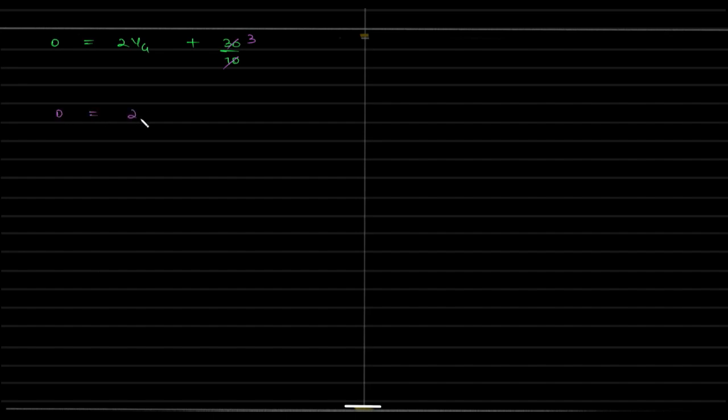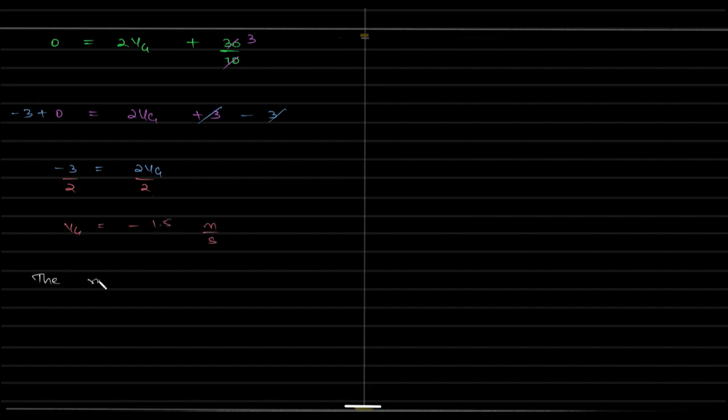So 0 is equal to 2 VG plus 3. Next is minus 3 on both sides, so this and this get cancelled. We have minus 3 is equal to 2 VG. Then we divide both sides by 2. So VG is equal to minus 1.5 meter per second.